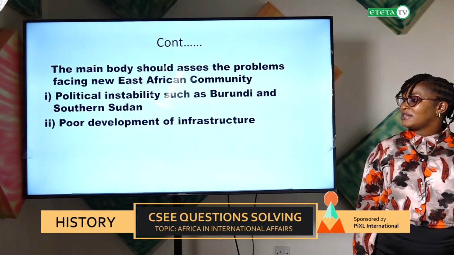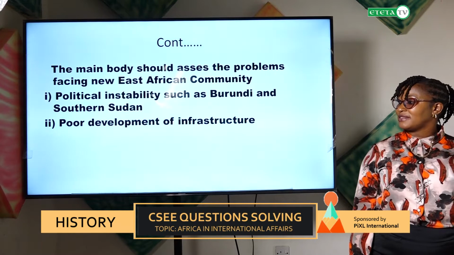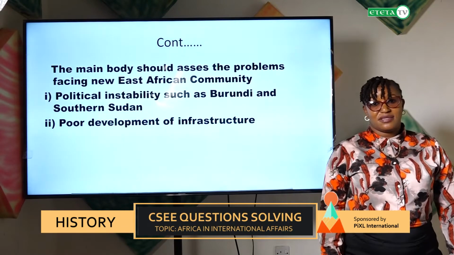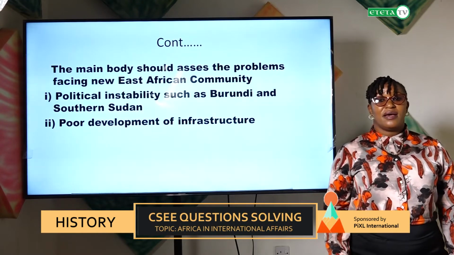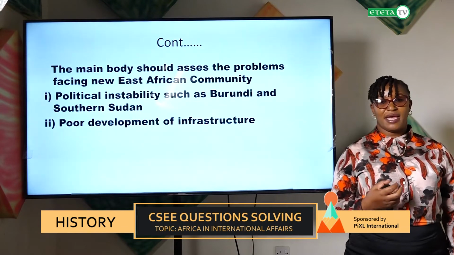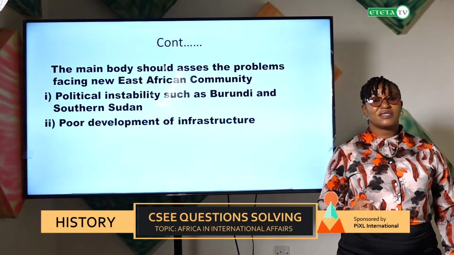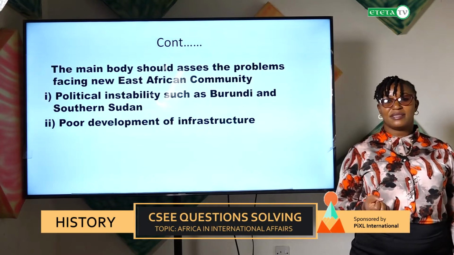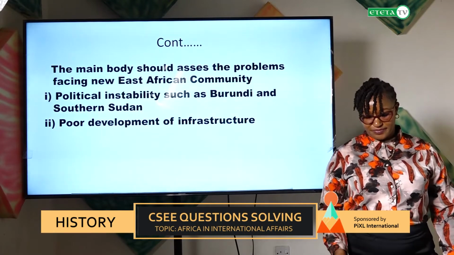Point number 2 is poor development of infrastructures. All member states among this community have no good infrastructures to communicate with each other, such as roads, railways, ports, harbors, as well as airports.